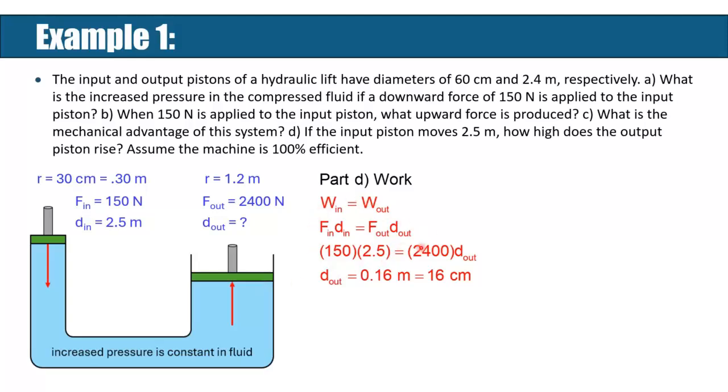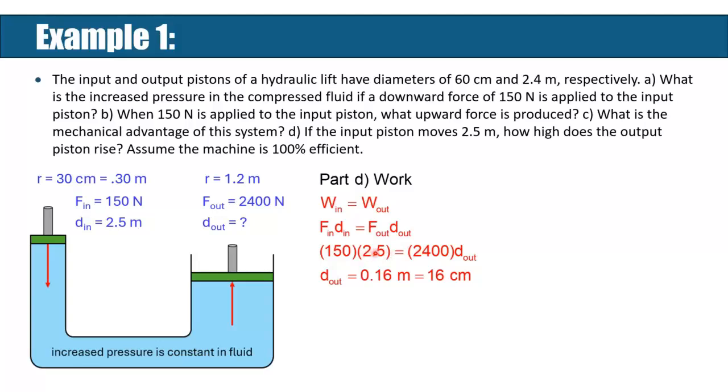You can see that I plugged in my numbers here and solved for the distance output, and the output piston will raise 0.16 meters. It's important to note that again, we're trading force for distance. We have a mechanical advantage of 16, so we're multiplying our force, but it's at the expense of distance.